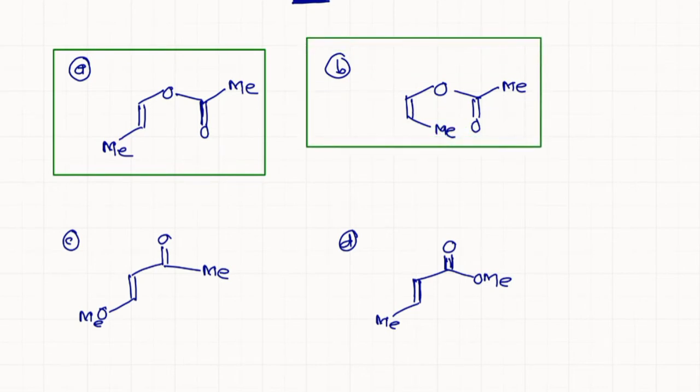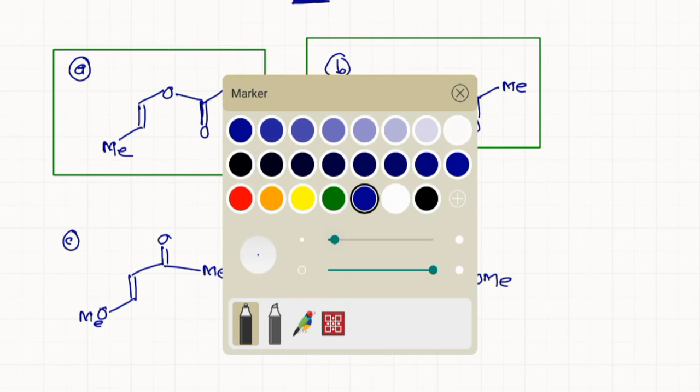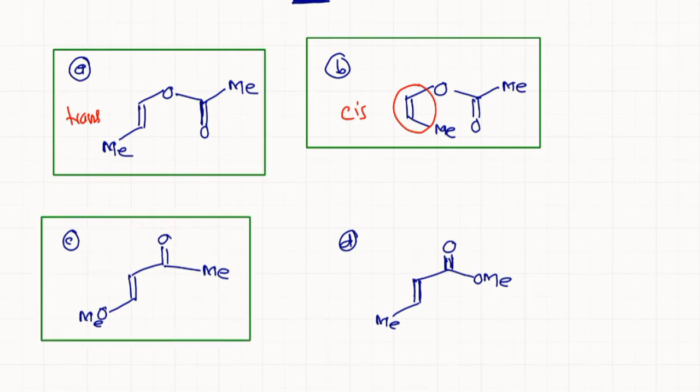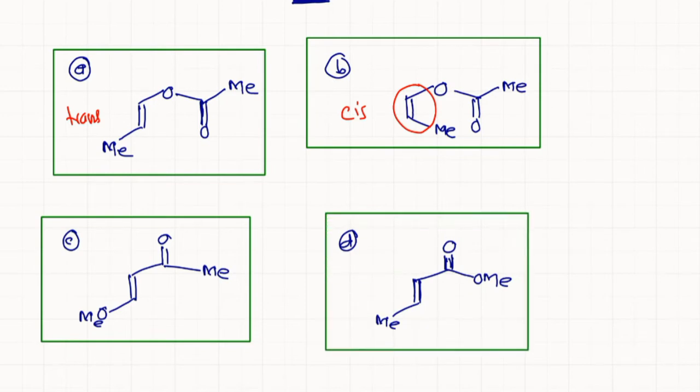The difference in that case is that this is a trans junction, and in that case this is a cis compound, and for example this is a trans compound. Another option here is another compound, and this is the fourth option.